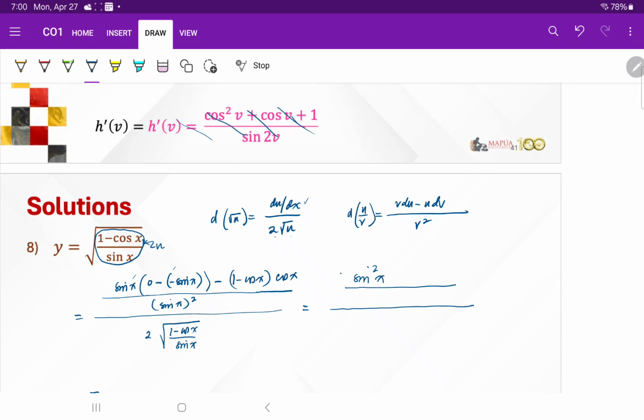And then when we distribute this one, it should give you negative cosine x minus minus plus cosine square x. Right, so when you distribute this one, cosine x plus cosine square x over sine square x.